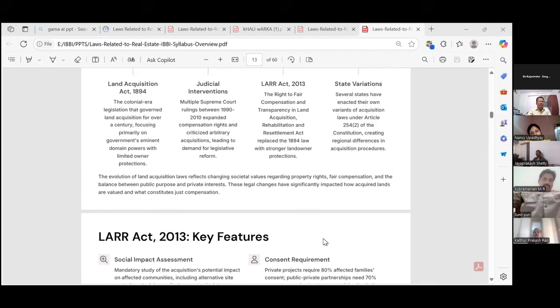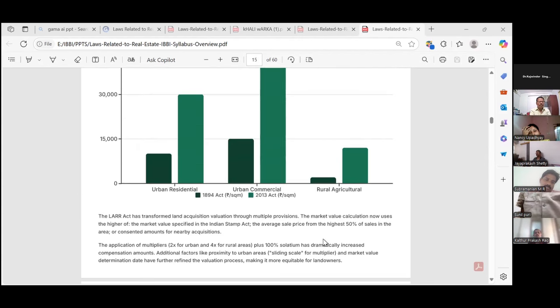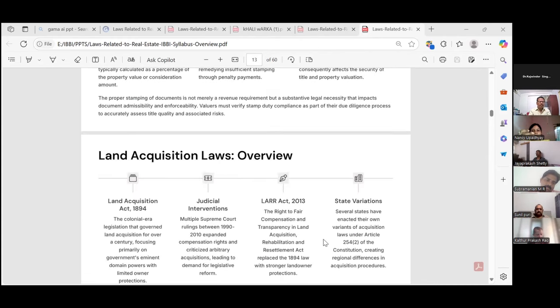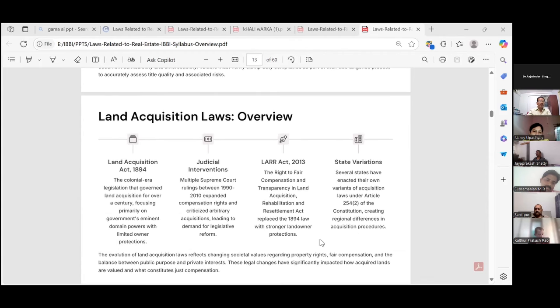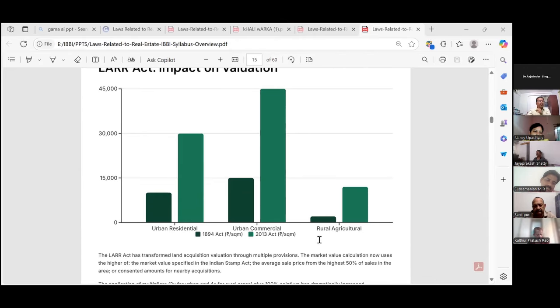Then the Land Acquisition Act, you have already gone through. See here, first this act was of 1894. Now the act has been revised, and because of this, the compensation has increased manifold. See the difference with the older act of 1894.